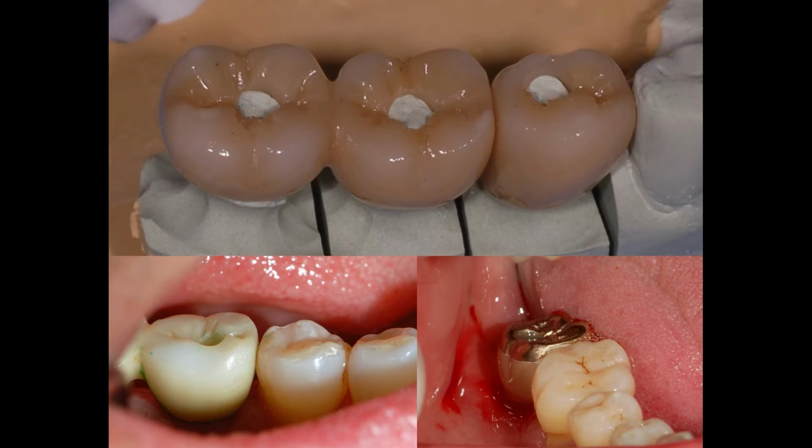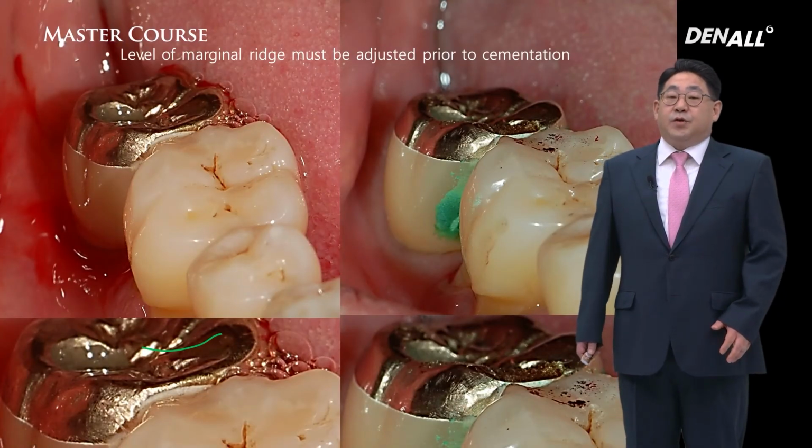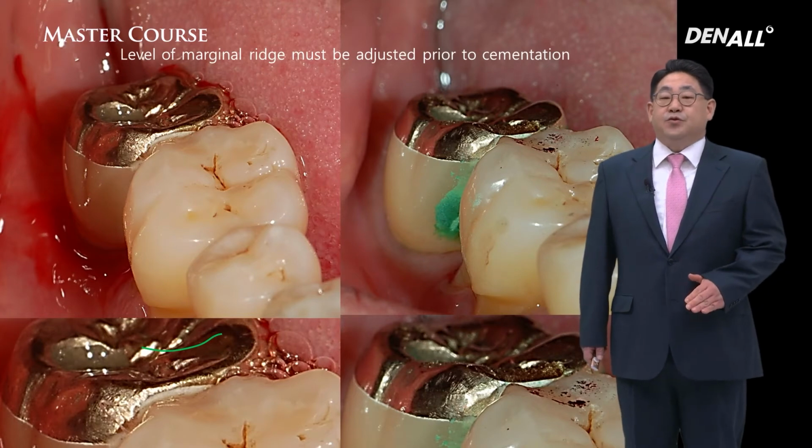In the lab process on the model, it's very difficult to detect this. Therefore, clinically, when we do try-in the oral cavity, we need to pay attention to this. Therefore, in all cases, contour and height needs to be aligned.